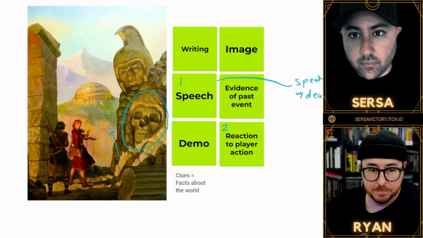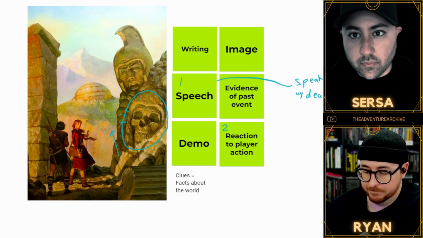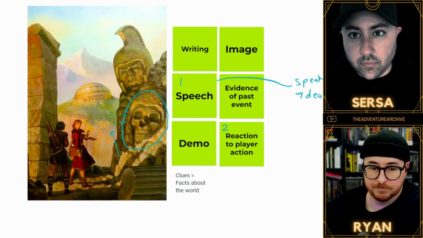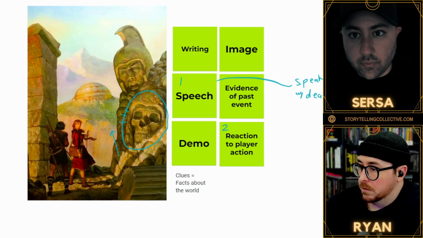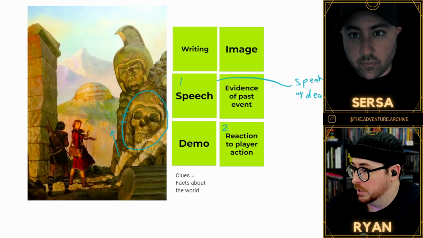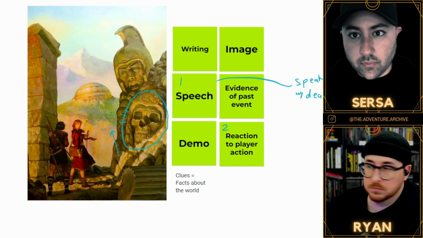and you're going to roll to determine the kind of clue that our first premise is going to be. All right, let me bring up that die. Roll a d6. That was 3. Speech.